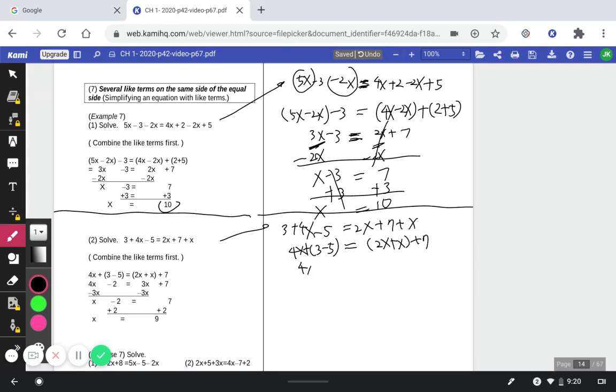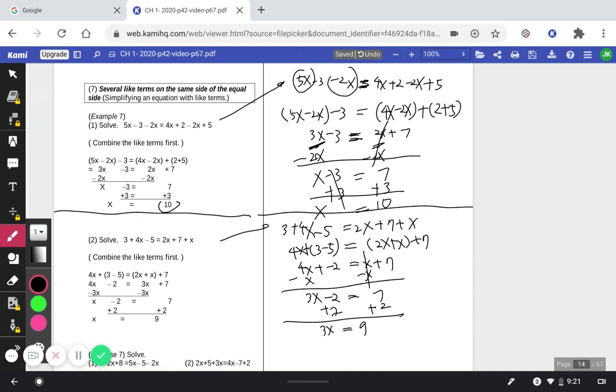So you end up with 4x plus negative 2 equals x plus 7. Now you simplify x first before simplifying the numbers. So 3x plus negative 2 equals 7. Plus 2 on both sides. 3x becomes 9.